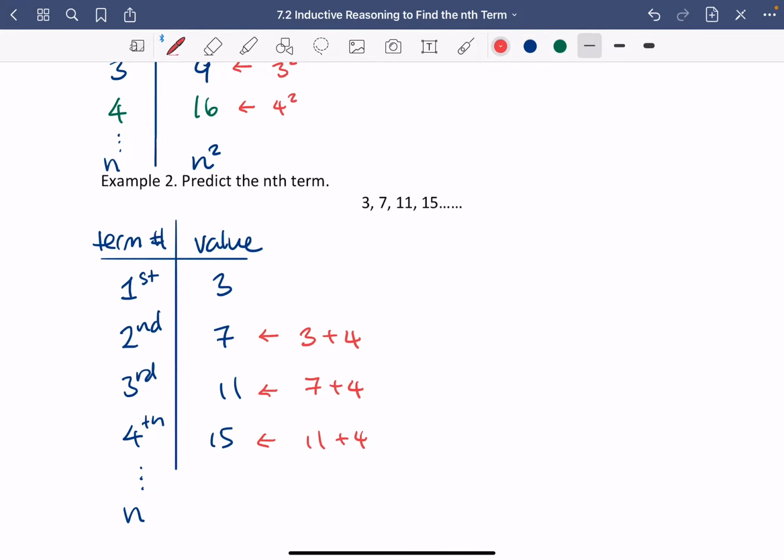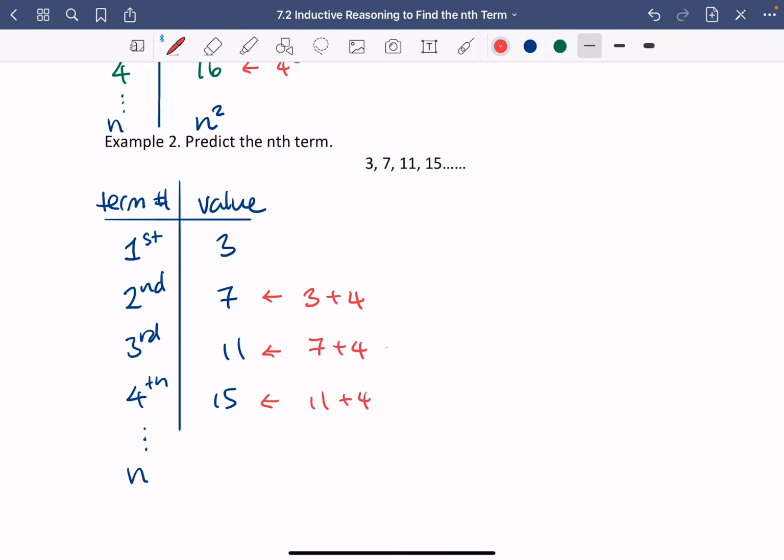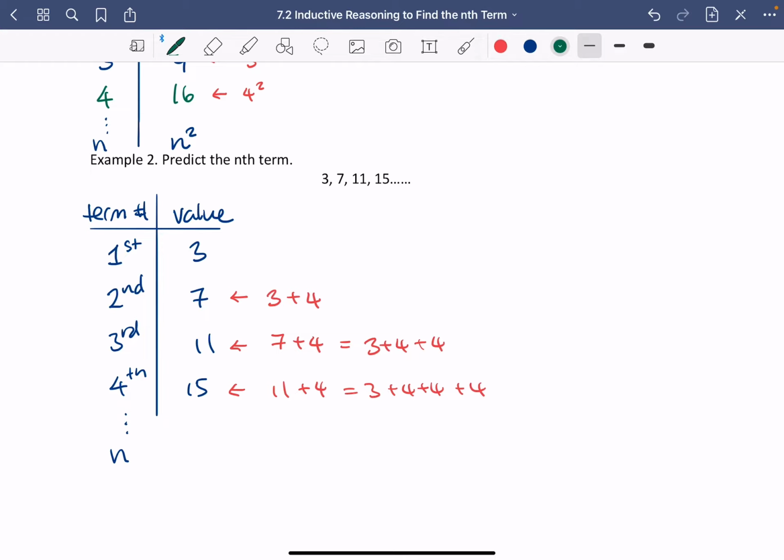Okay, and if we rewrite these, 7 plus 4 is the same as saying 3 plus 4 plus 4. And then 11 is that plus 4. So 3 plus 4 plus 4, and then plus 4. So if we were to write an equation for each of these, what is that going to be?